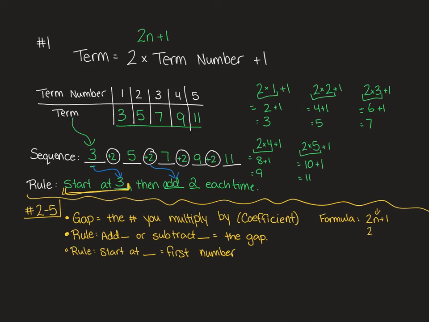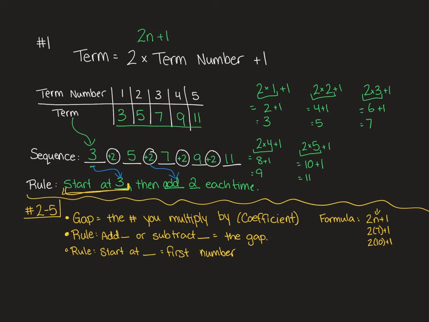So if they want you to find the 7th term, you just solve 2 times 7 plus 1. If they want you to find the 10th term, you just go 2 times 10 plus 1. So it's a little bit easier to find standalone numbers using a formula as opposed to the pattern where you have to keep the sequence going until you get to that number.